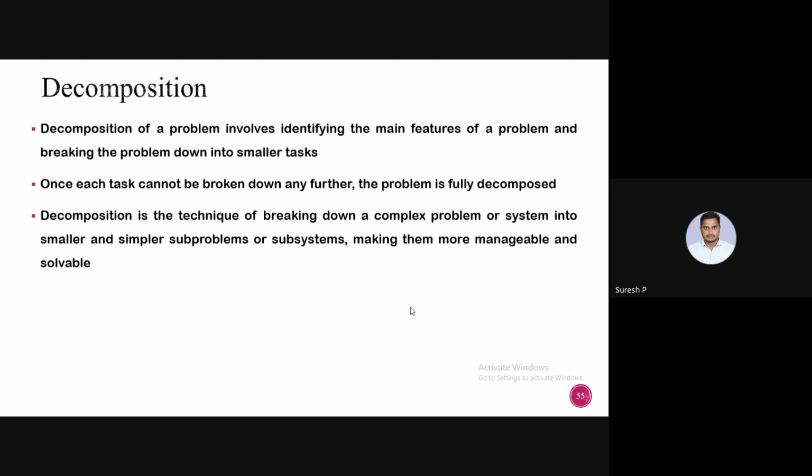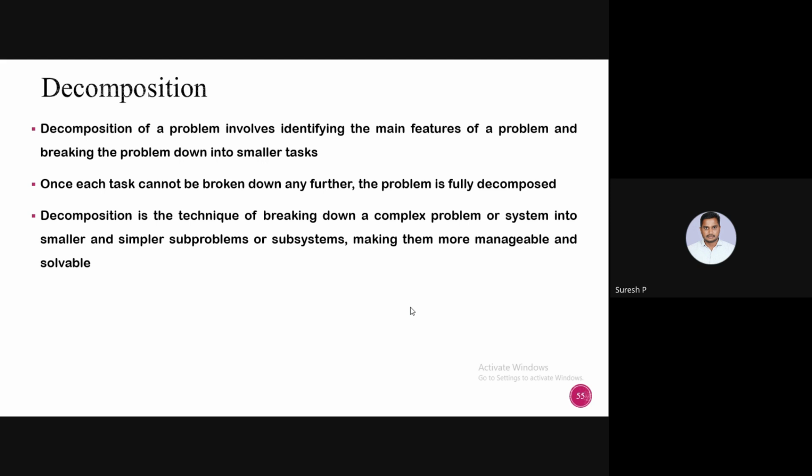So first we will have the large problem. The large problem will be divided into smaller tasks. Every smaller task will be divided again into even smaller tasks if possible. Once no task can be divided any further, then we can say the problem is completely decomposed.